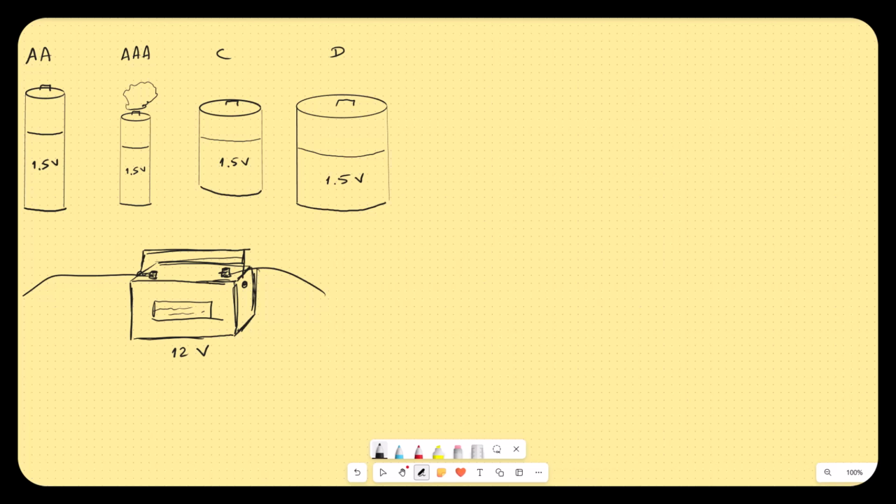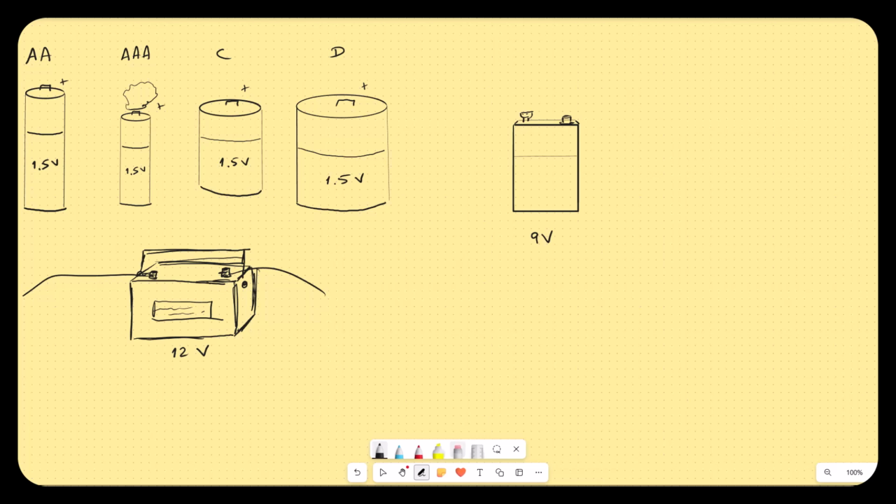There is one other kind of battery that we use quite a bit, and it is this guy. We use this in smoke detectors, mostly. This is a 9-volt battery, where we just have the positive end. In all of these, we've got the positive end on top.